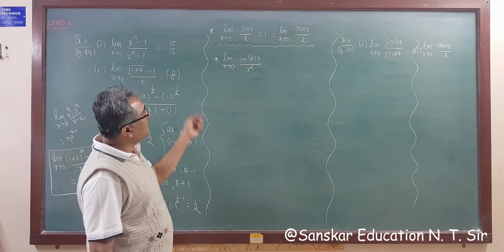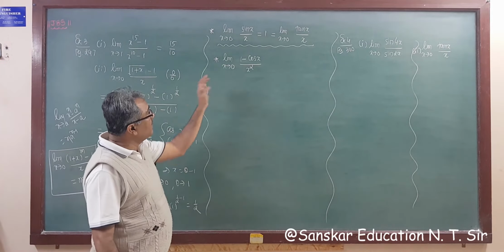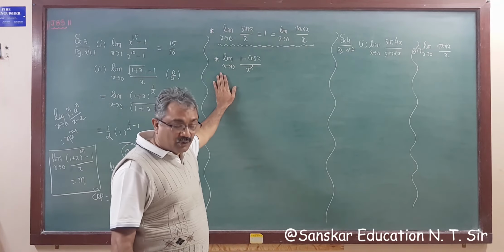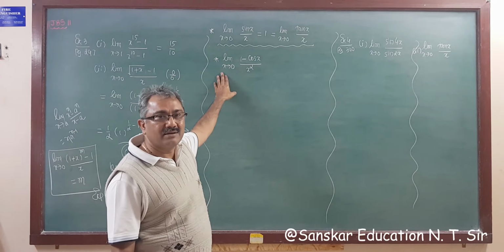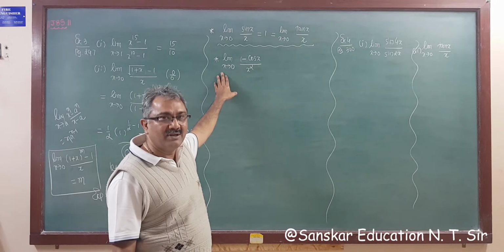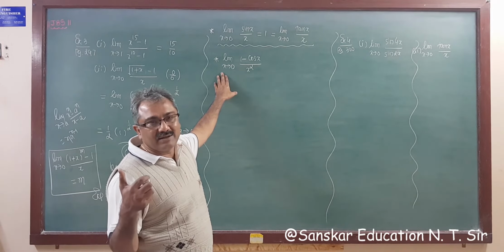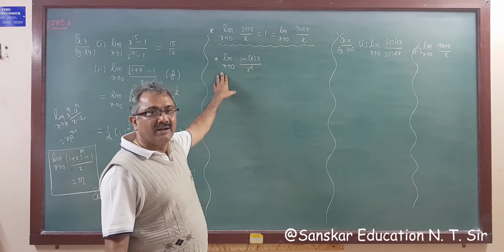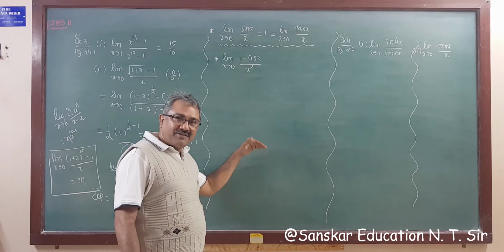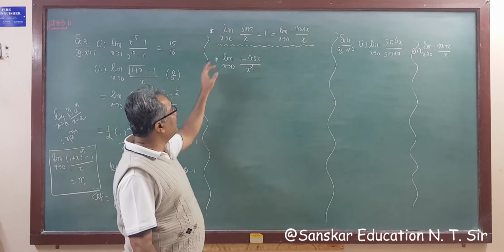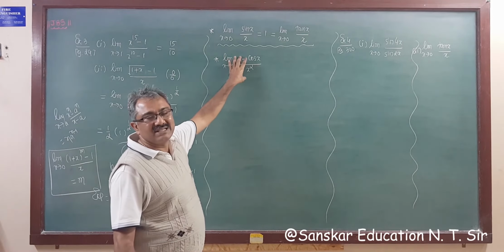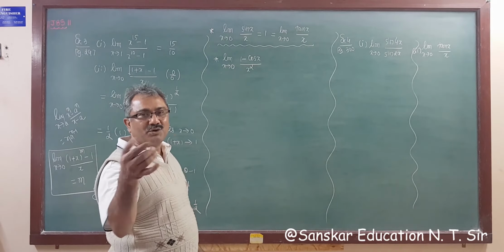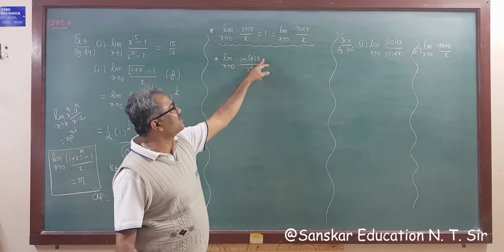Now for solving this type of question, I want to solve one more extra question, because this question is very important. When we solve limit questions, many times, halfway through the question solving, you will get this term, and remember the answer of this is always half: 1 minus cos theta upon theta square, or 1 minus cos x upon x square.